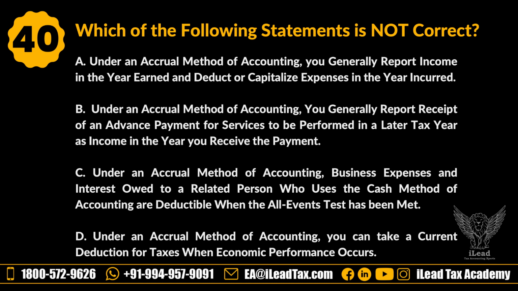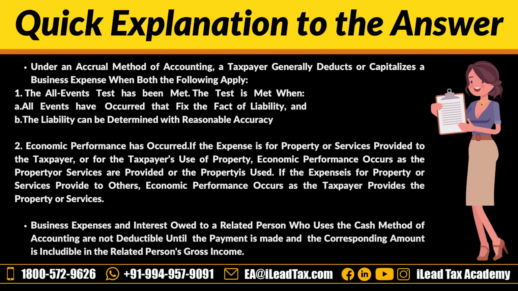Expenses owed to a related cash basis taxpayer are generally deductible when all events have taken place and when economic performance occurs. So if these two are the case, then they can include. So option C is the right answer.